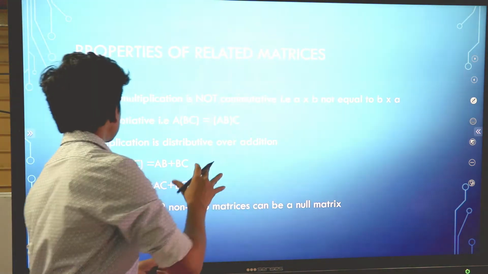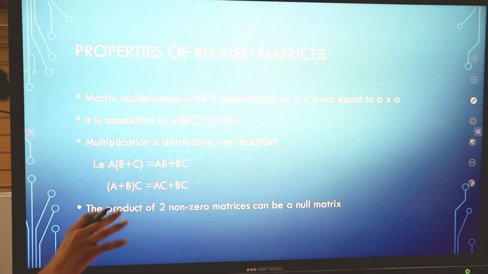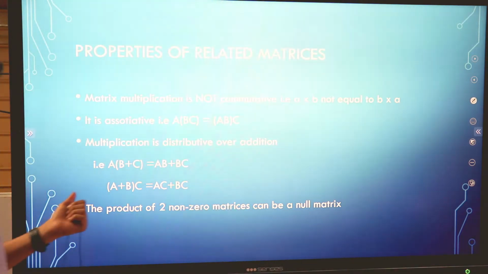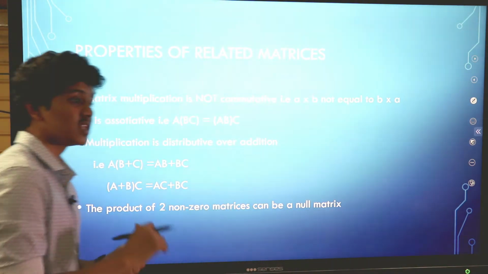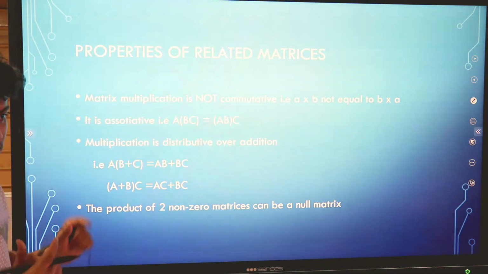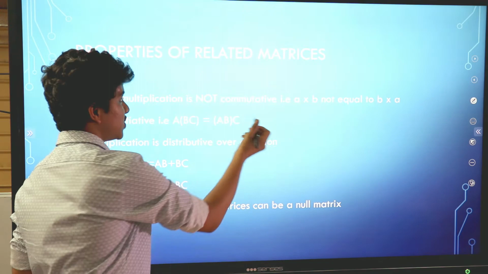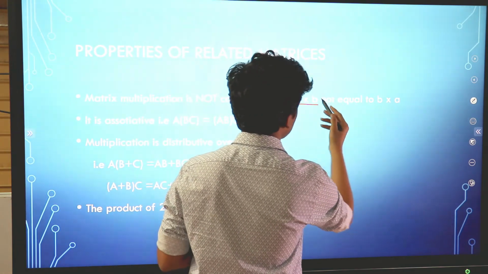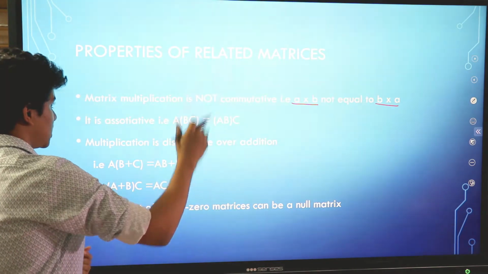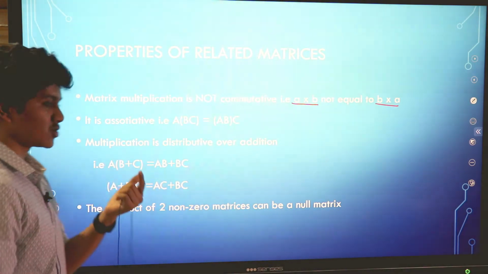Properties of matrices, which are basic properties, just like how we use for integers, numbers. First of all, matrix multiplication is not commutative. Not commutative means that you cannot just reverse the values, which is like A into B might not always be equal to B into A, but it is associative.